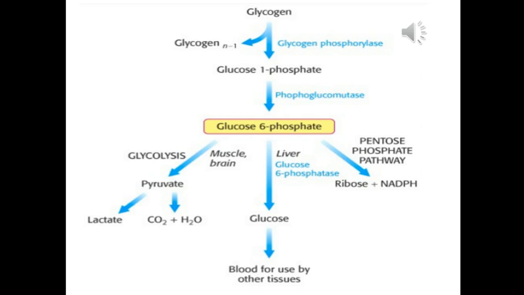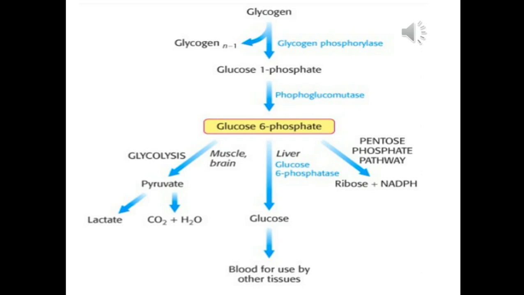Or, of course this is within the liver, it is converted to glucose by glucose 6-phosphatase and then transported by the blood to other tissue to supply them with glucose. Or glucose 6-phosphate in muscle and brain by glycolysis is converted to pyruvate.